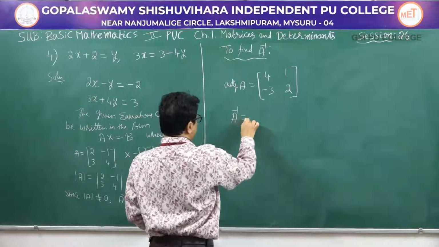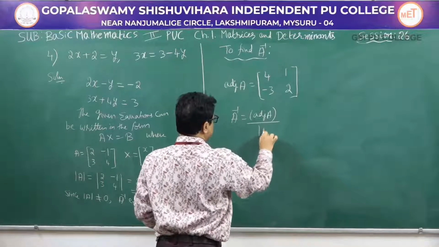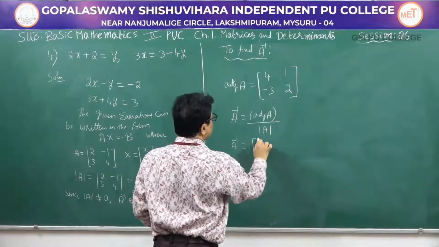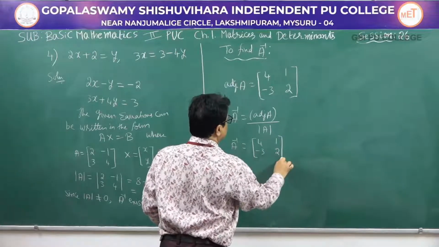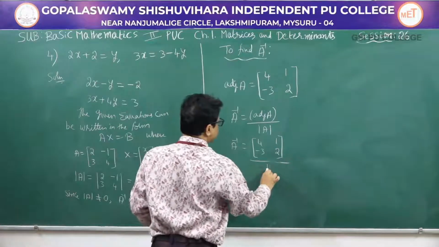A inverse is equal to adjoint A by determinant A. So A inverse is equal to adjoint A is 4, 1, -3, 2. Divide by determinant A. So determinant A is 11.